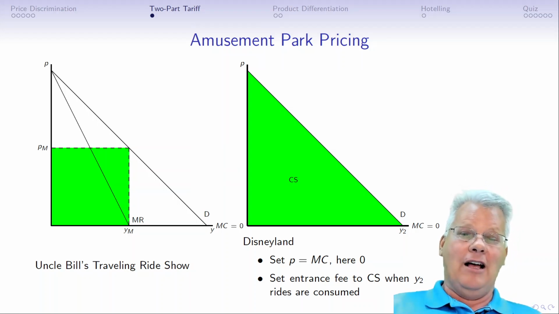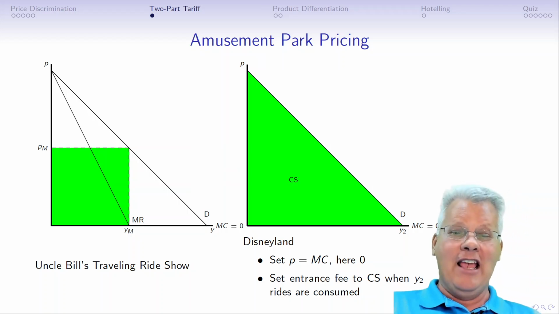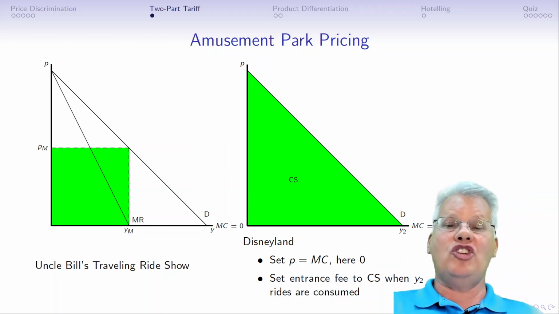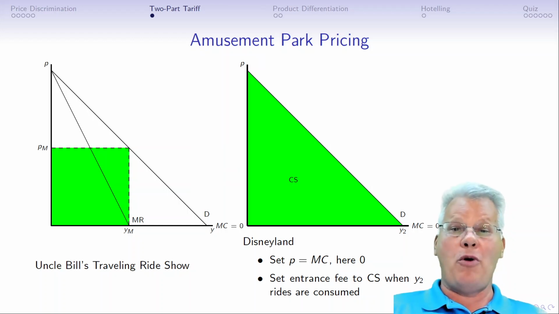Because that consumer surplus would be the gain that the consumer gets from entering Disney and riding as many rides as they want to. That represents the maximum amount that Disney could charge for admission to the park.